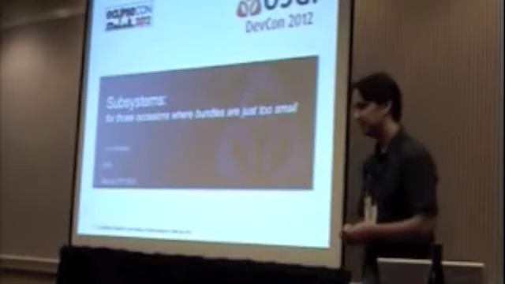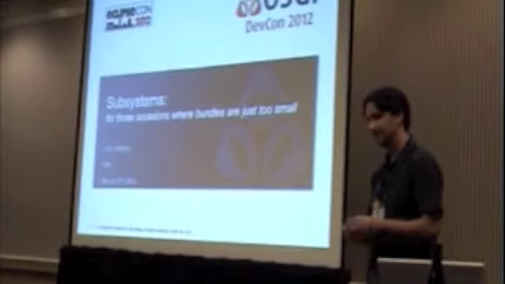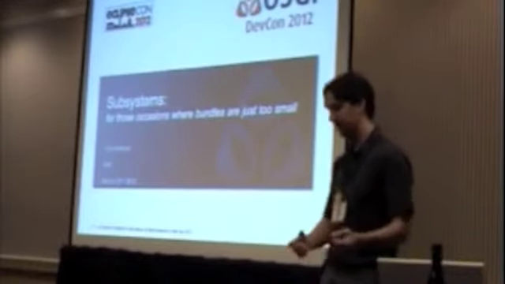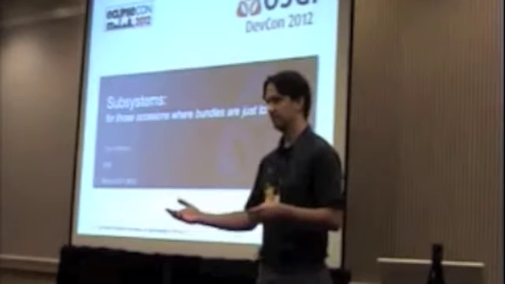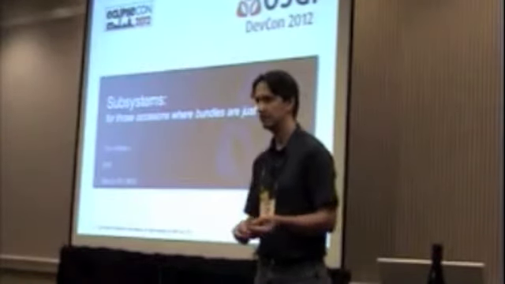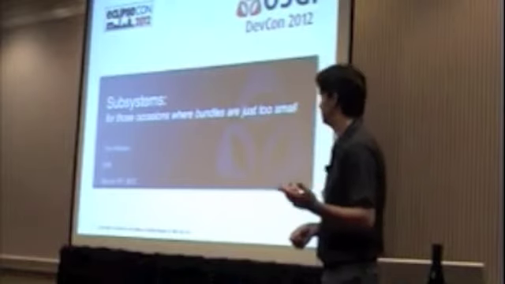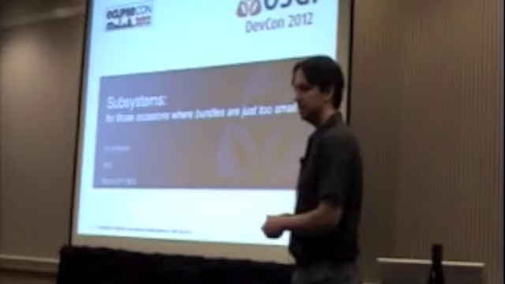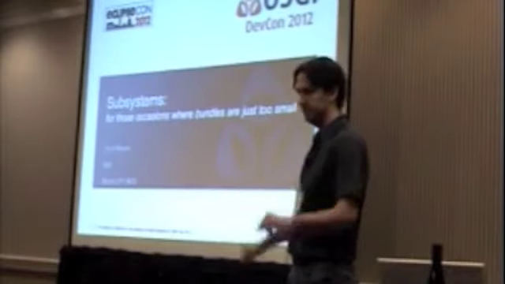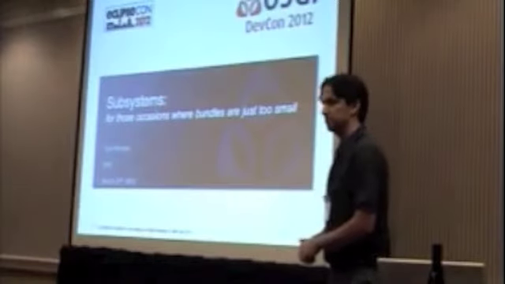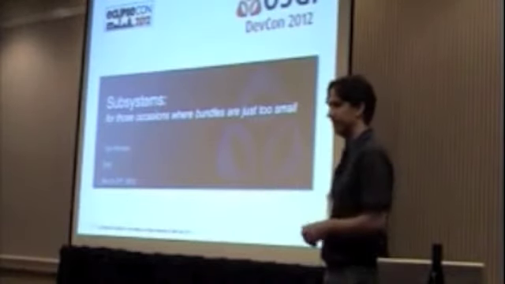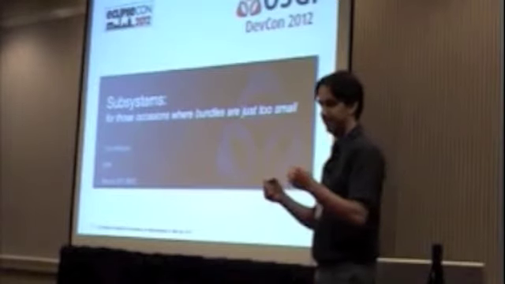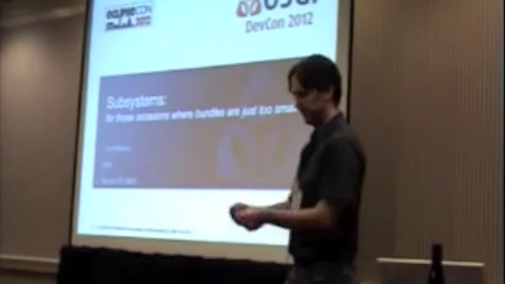But then in the summer of 2010, we actually went in a drastically different direction, decided that composite bundles really didn't belong in the core. Instead, we added these hooks, resolver hooks, bundle hooks, and we're using the service hooks that were already available from R4.2 in order to enable isolation policies, if you will, or isolation layers above the framework altogether, so that we didn't have to ingrain a particular policy in the framework.